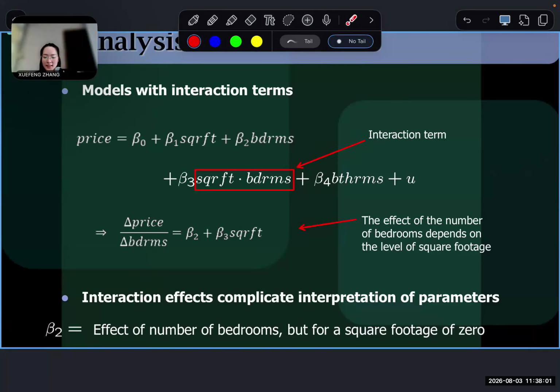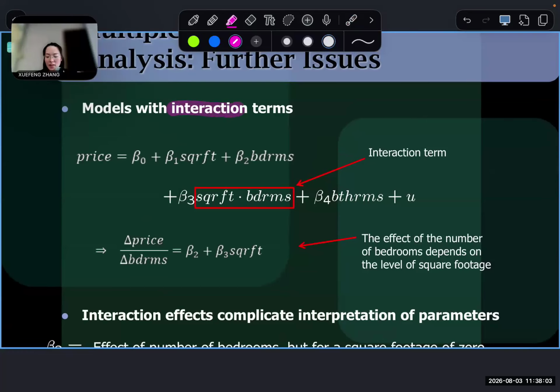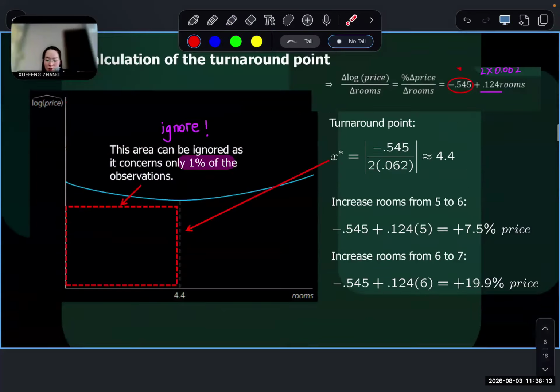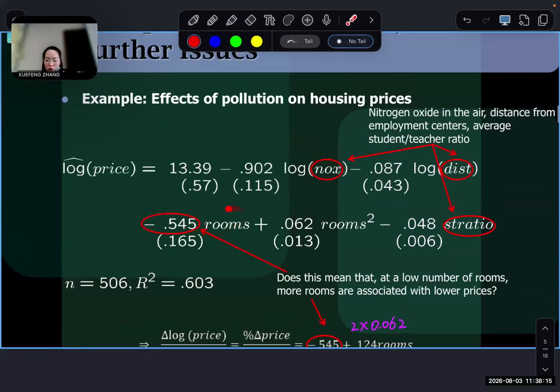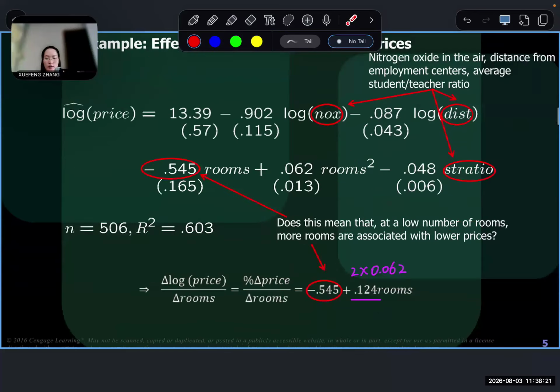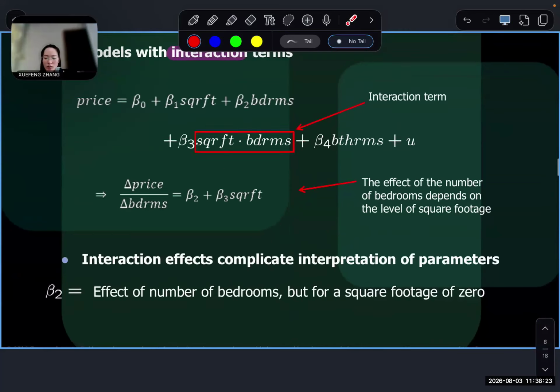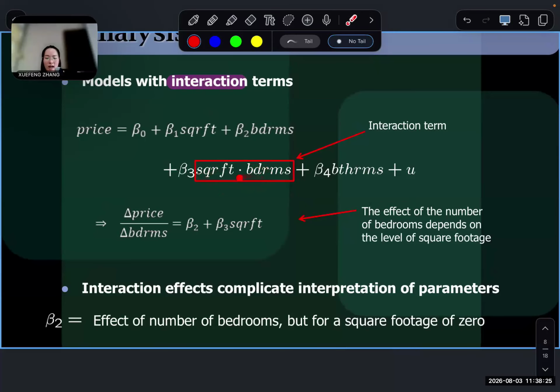Next one, let's talk about the interaction. What does interaction mean? Instead of a variable interacting with itself, like before I showed you rooms and rooms squared, we are also allowed to interact with other variables, two different variables interacting.